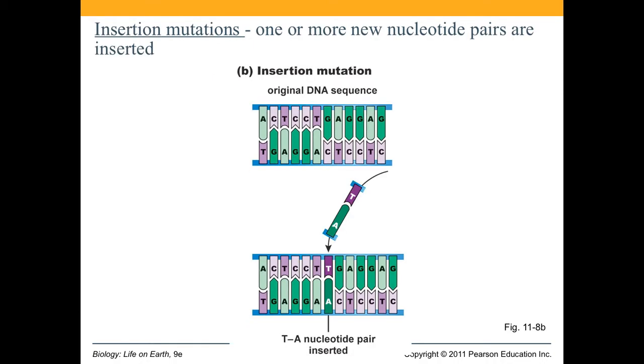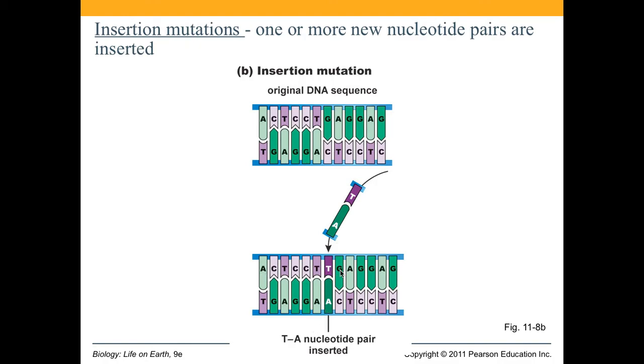Another thing that can happen is called an insertion mutation, where one or more nucleotide pairs is actually inserted. If we look at the original sequence of nucleotides here, A, C, T, C, C, T, G, A, etc., we're going to insert a whole new nucleotide, and a complementary base pair is going to get stuck in there as well.